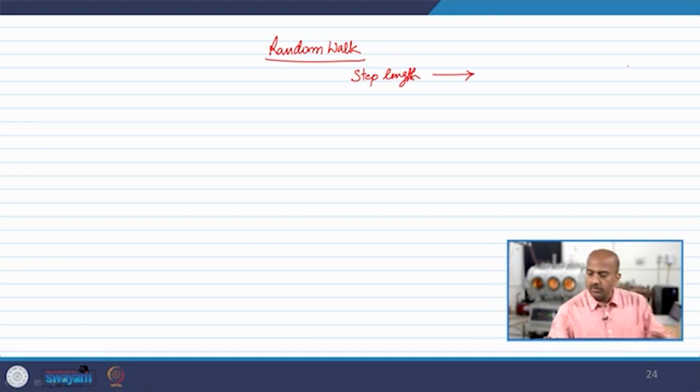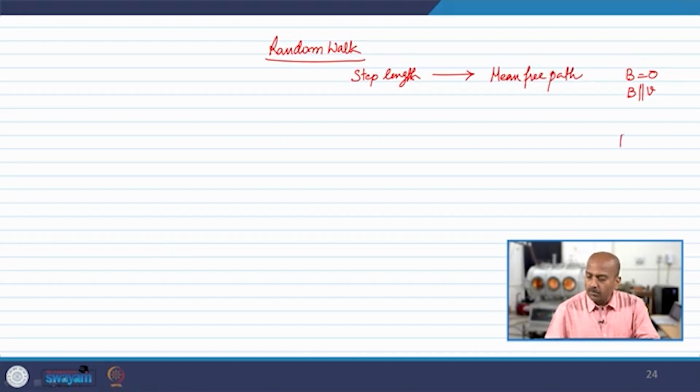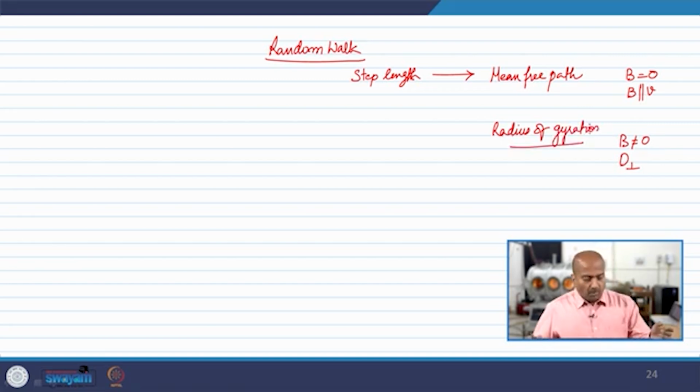So, in the case of B equals 0 or B parallel to the velocity, the step length is the mean free path, and when B is not equal to 0, or we write D perpendicular, the step length is the radius of gyration. This is the most important inference that we can draw at this point of time.